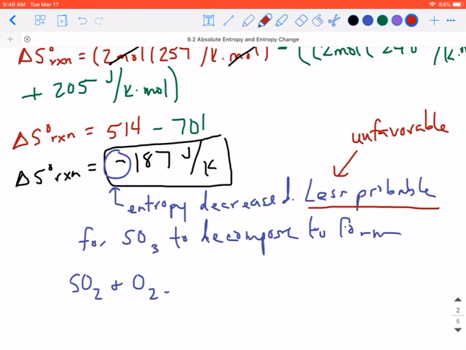The forward reaction is much more favorable than the reverse reaction.